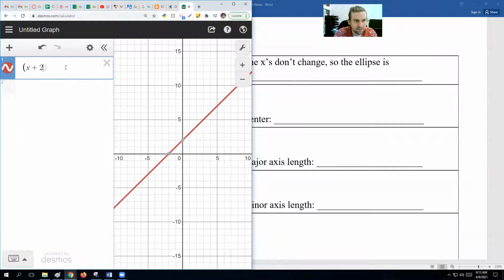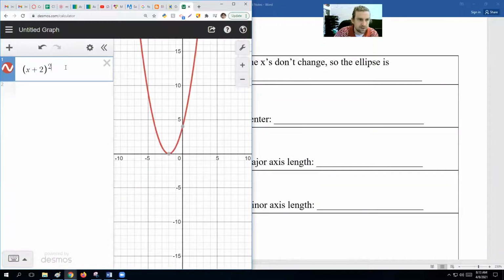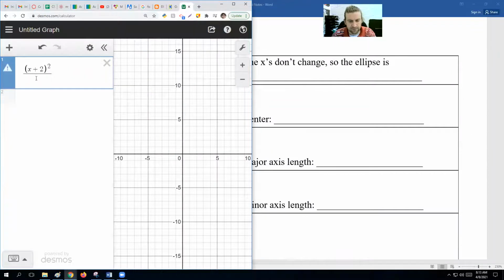So we've got x plus 2 squared, and then we divide this whole thing by 9, and then plus y plus 1 squared, and we divide that whole thing by 25, and then equals 1.